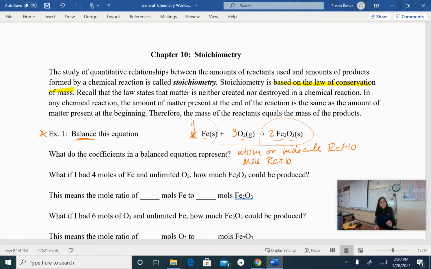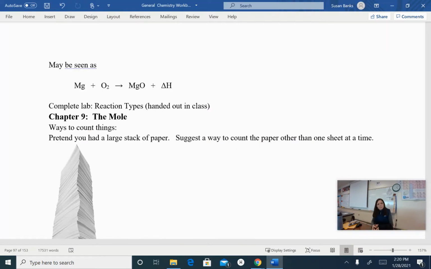Okay, both of these things are correct. So for stoichiometry, we are really going to look at these coefficients that we put in as mole ratios. If I have so many moles of this, how many moles of that will I be able to make? Okay, so we're going to use this with our skills of unit analysis to help us do the math.